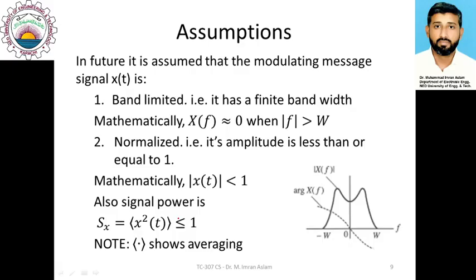So this is all for the first lecture. Inshallah, from the next lecture we'll be starting individual modulation schemes, and we'll be trying to discuss different mathematical expressions and different concepts related to that particular modulation scheme.